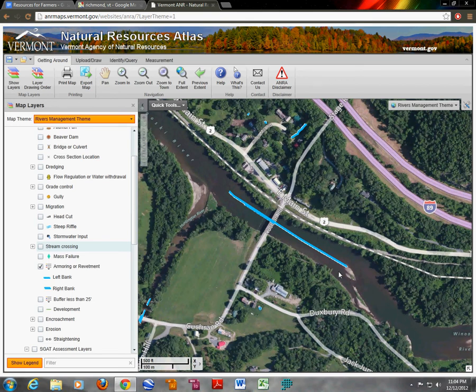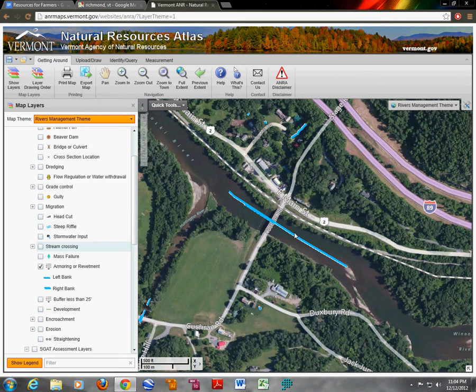And so here we can see that the right bank over here has been armored, and so this might have some riprap, but it's here to protect this rail line and this road from being undercut by the river, causing these two pretty important infrastructural units to fail.